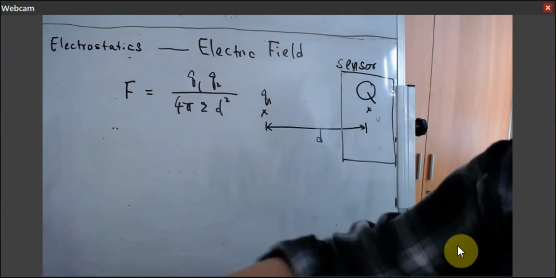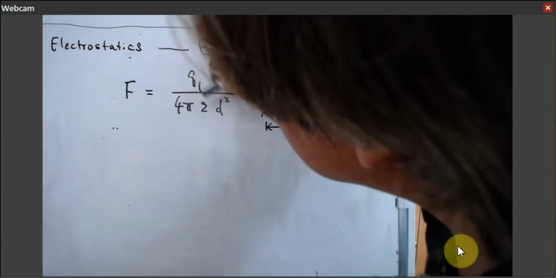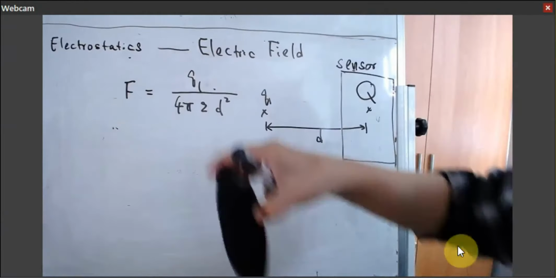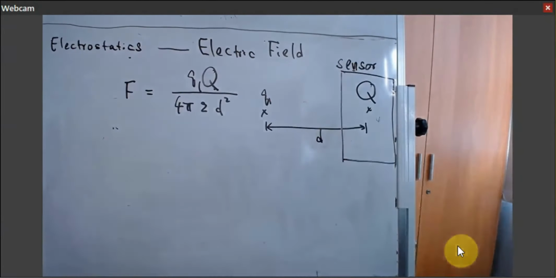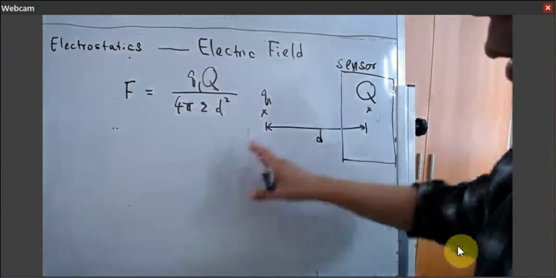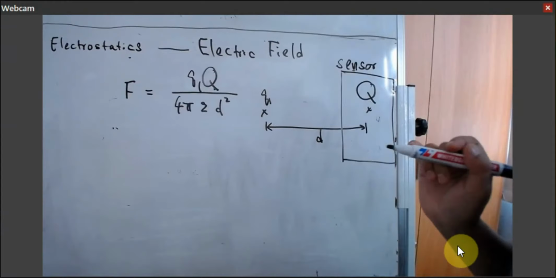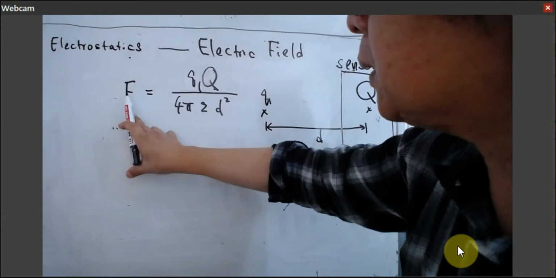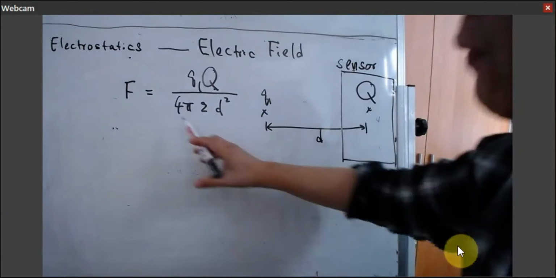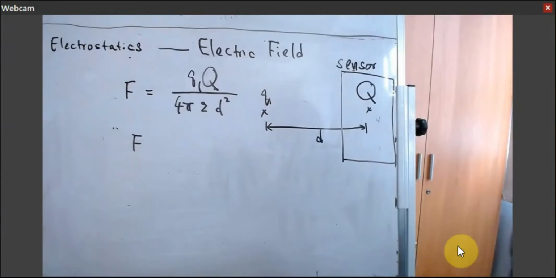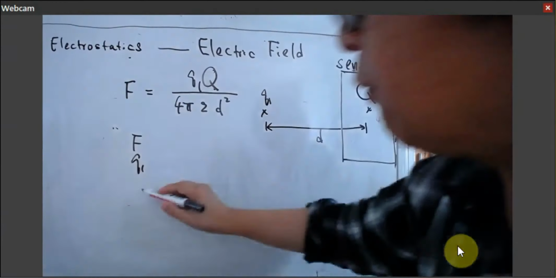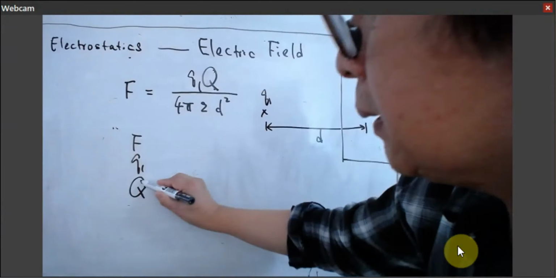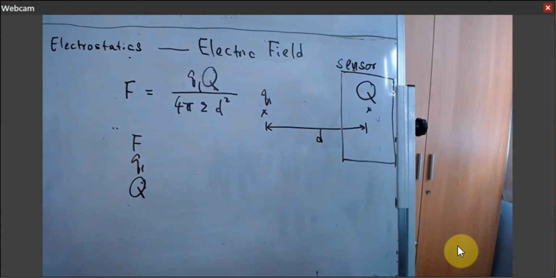According to this formula, the interaction force between Q1 and this big Q is F. Now the Coulomb's law formula has three variables: the force, Q1, and big Q. Three unknowns.